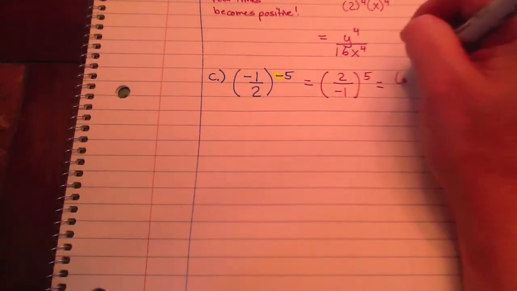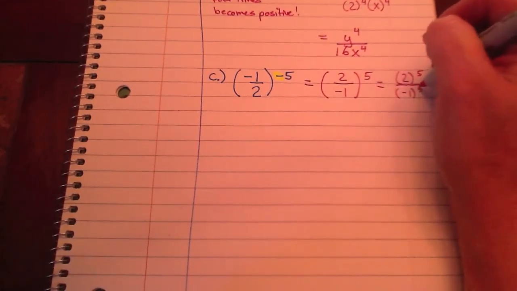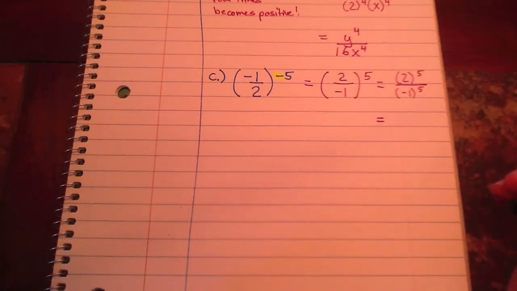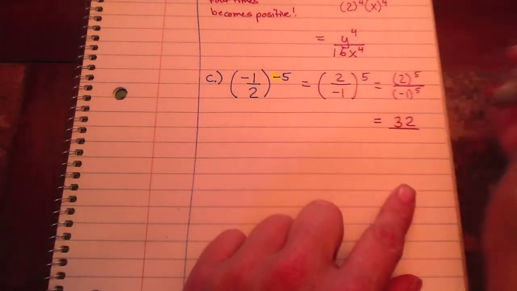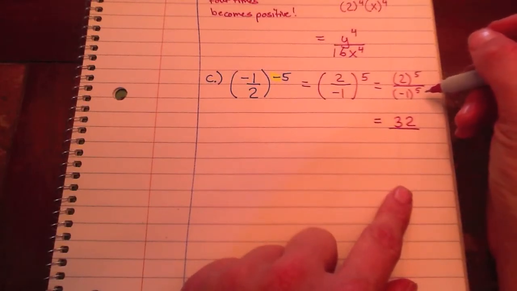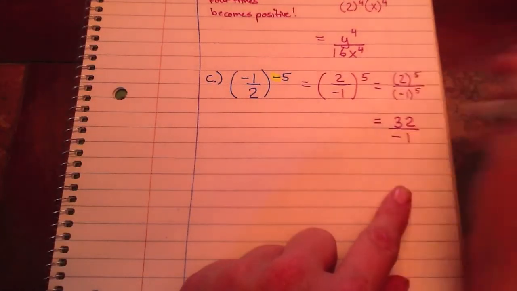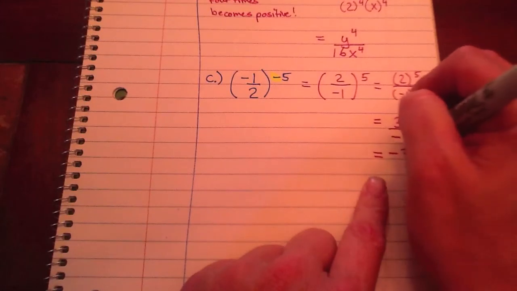I end up with 2 to the 5th power over negative 1 to the 5th power. 2 times 2 times 2 times 2 times 2 ends up being 32 over negative 1 times negative 1 times negative 1, odd exponent, negative is in the parentheses, so it ends up being over negative 1. So my final answer here should be negative 32.